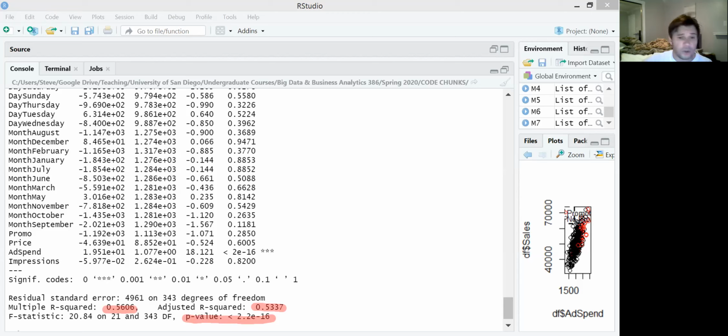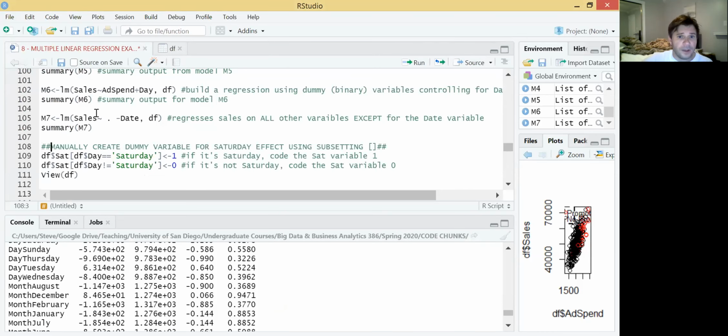So that was us building a model using all of the variables in the data set with the exception of the date, which changes for every observation. Let's go ahead now and take a look at manually controlling for just Saturday. We saw the other days of the week weren't that interesting, but Saturday was.